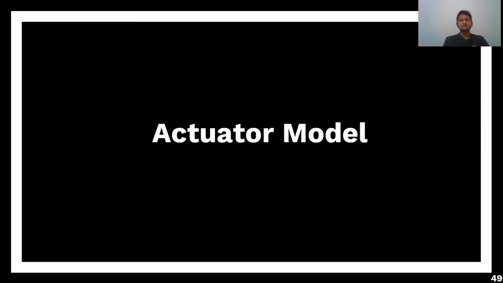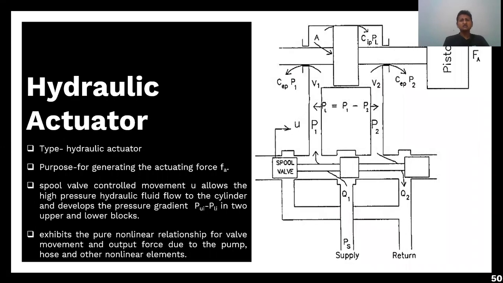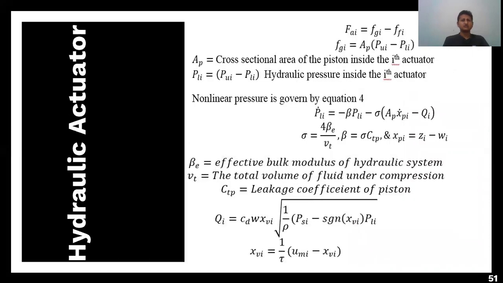So next is the actuator model. Basically, in an active suspension system, we are inserting an actuator in parallel with a spring and damper to provide an external force or compensating force to minimize the vertical vibrations. So this is the actuator model. And then the controller model.